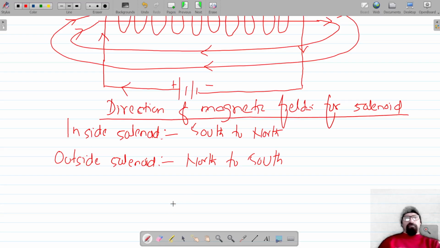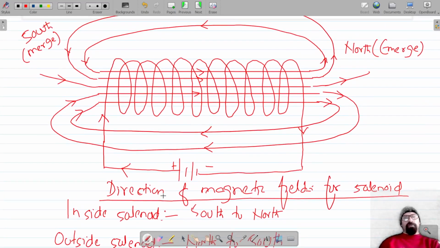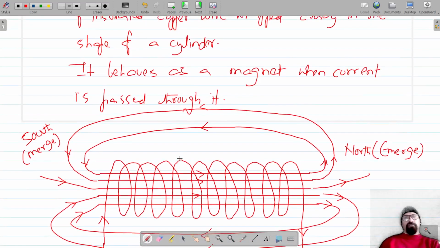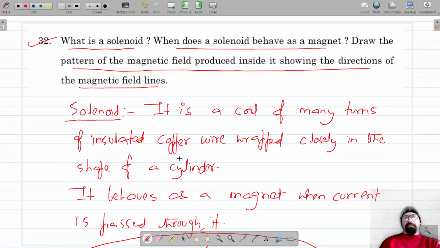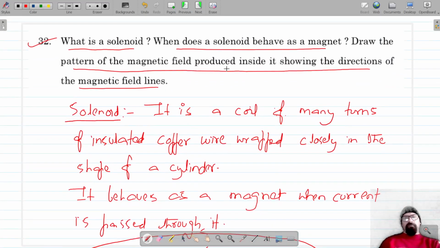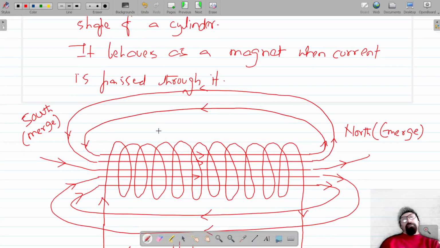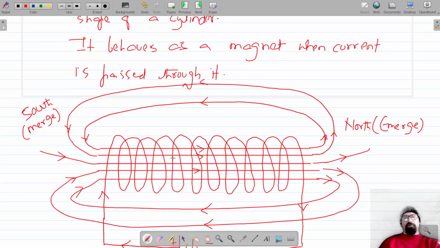This is the pattern of magnetic field lines produced inside it, showing the direction of the magnetic field lines. Inside it's from south to north, which is a uniform magnetic field.